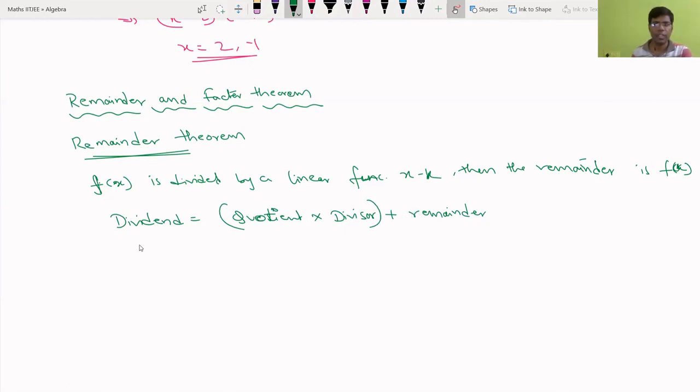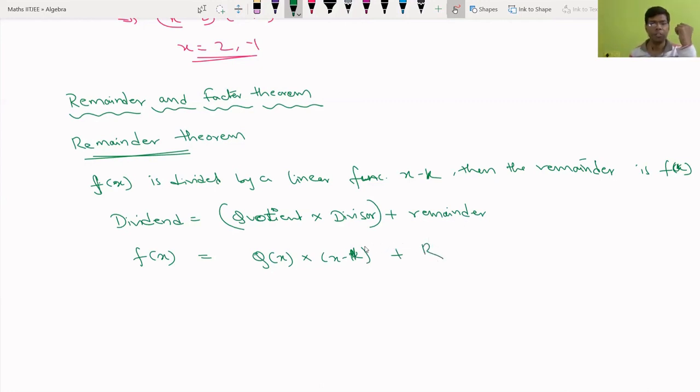Okay, so let me write in a simple way, because here f of x is being divided. So f of x is my dividend and divisor is x minus k. So the quotient which I'll get will be, say, q of x multiplied with x minus k, and my remainder is, say, r.